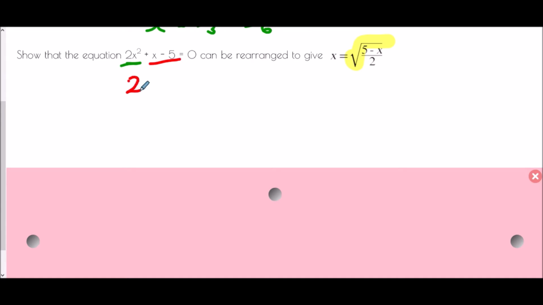So we're going to say that 2x squared equals, well, I would need to take away an x and I would need to add a 5. So I'll add the 5 and I'll take away the x.